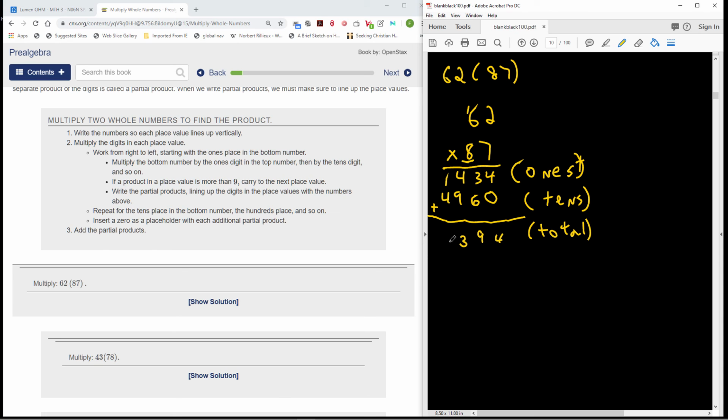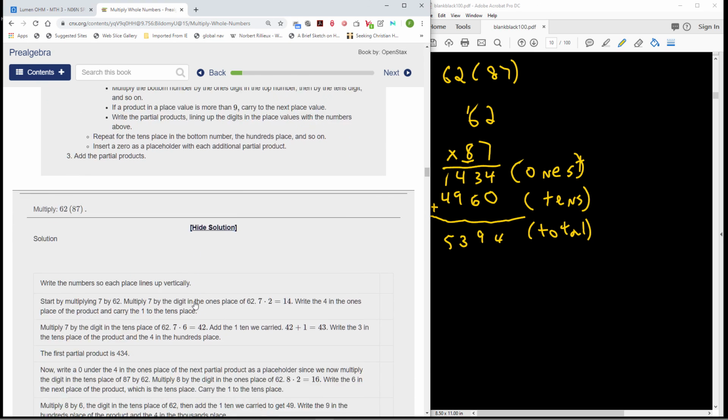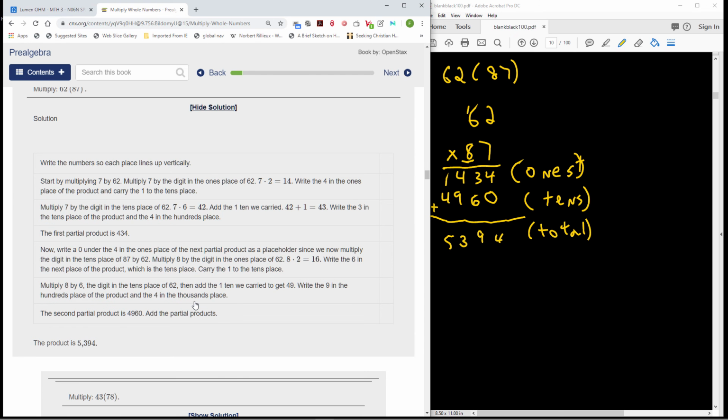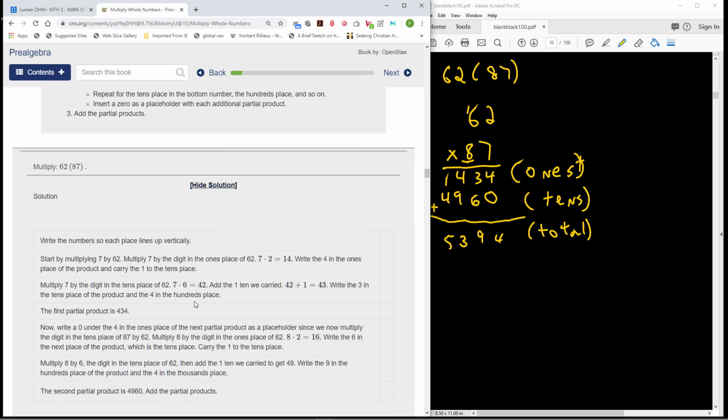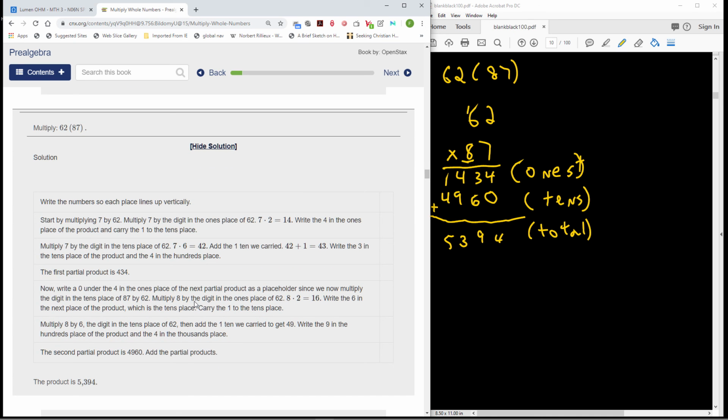Carry my 1. 4 and 1 is 5. So you can see that there. 5,4,3,0.